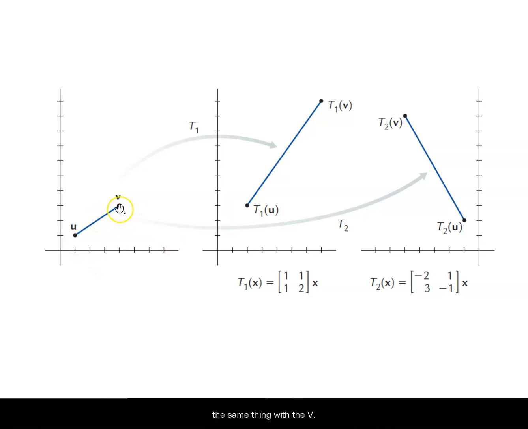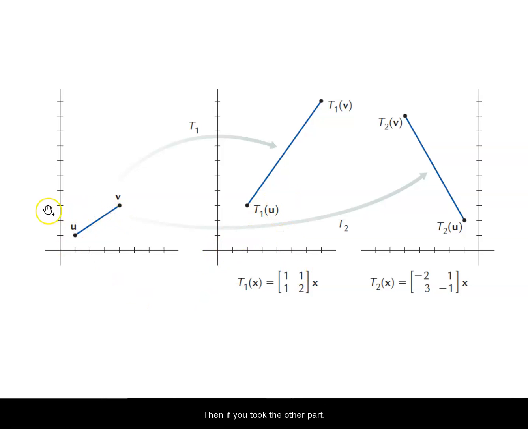And you would do the same thing with the v, right? If you took this square that it's on, so you would have 1, 2, 3, 4, and you put it under this transformation, it'll go to 1, 1, right? So it'll go to 4 and 4. That would be the lower part of it, this vector.